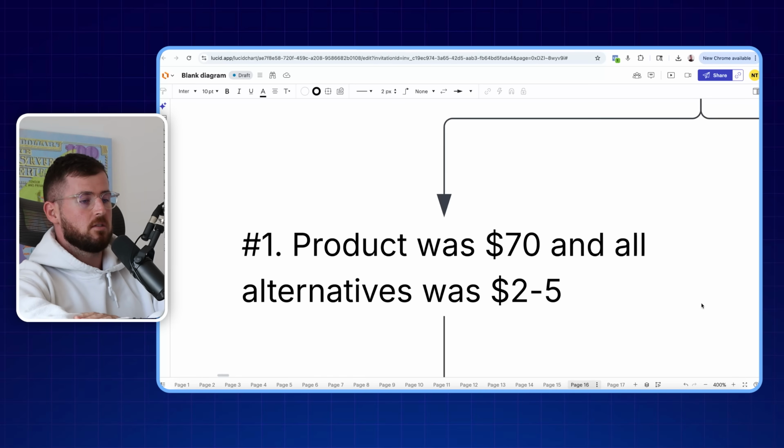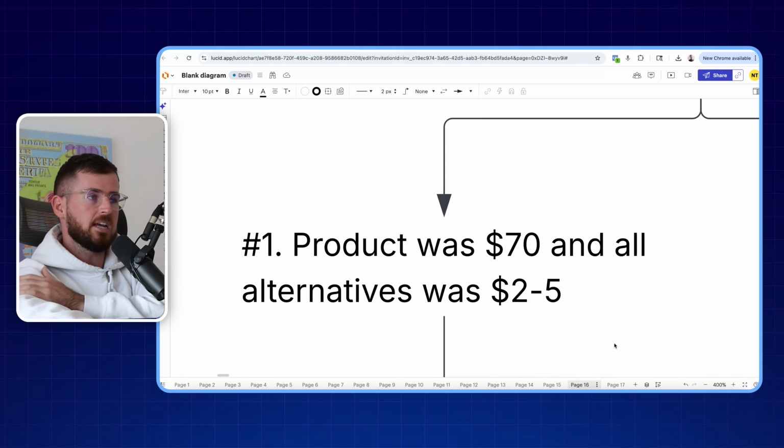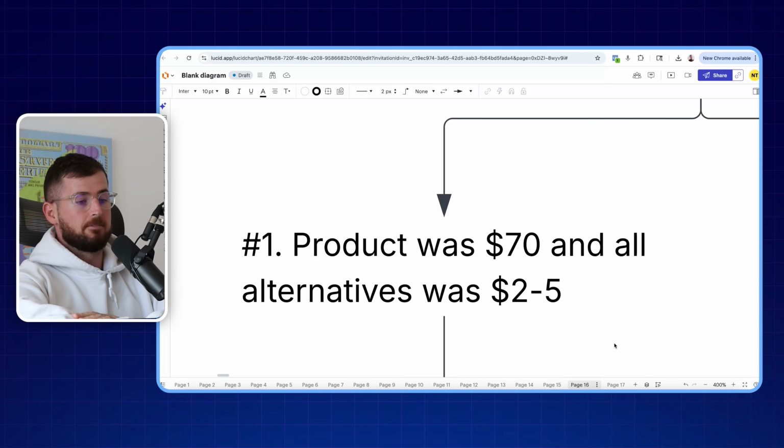So we were not just the most expensive product in our niche for this particular desire that we're going after. We were roughly 15 times more expensive than the cheapest solution out there. So when we're putting this product in the marketplace, it's a substantial difference.